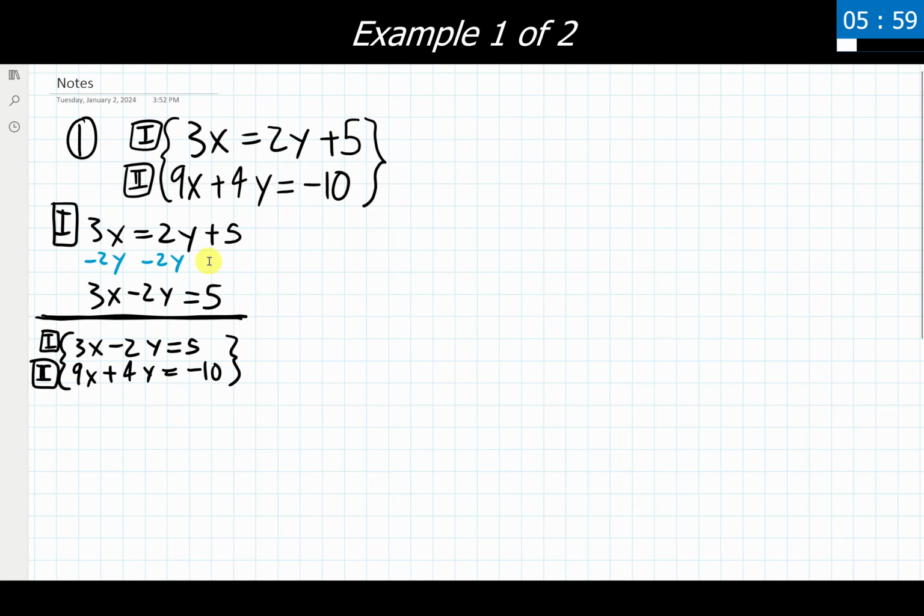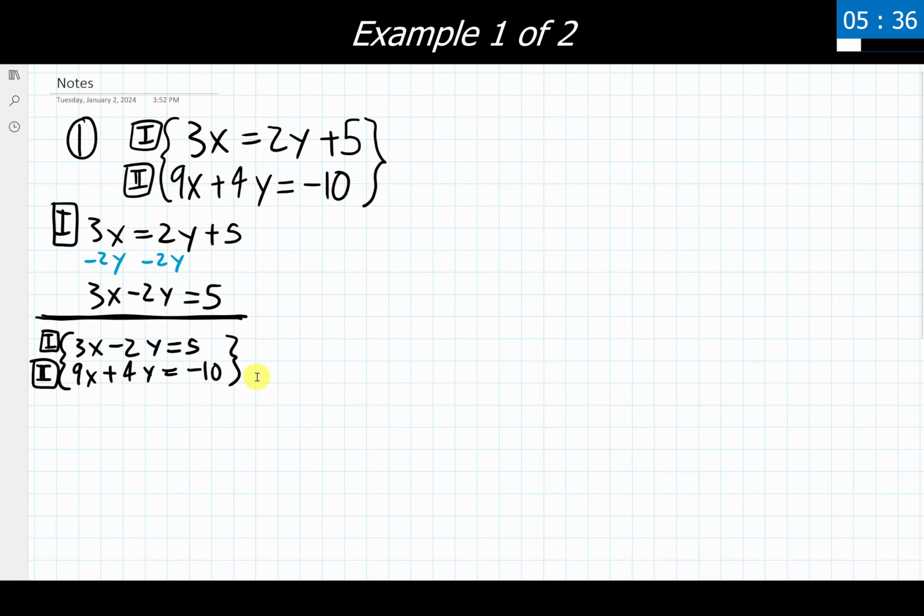Awesome. Now, I need to make the decision. Do I want to try and eliminate the x variables, or do I want to eliminate the y variables? At the end of the day, it does not matter which one you would like to eliminate. You simply need to pick one and then commit to that.